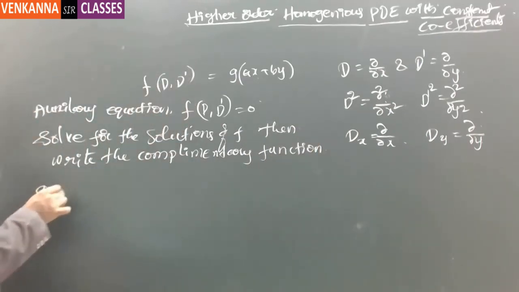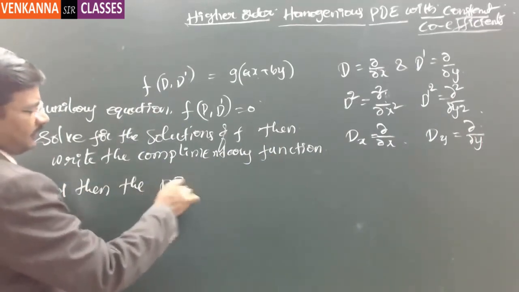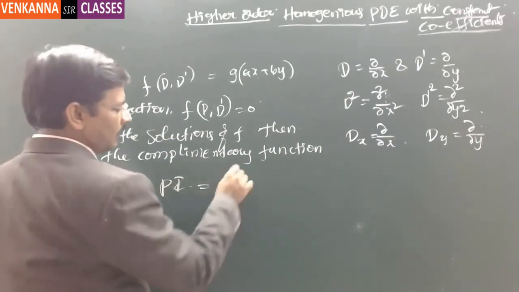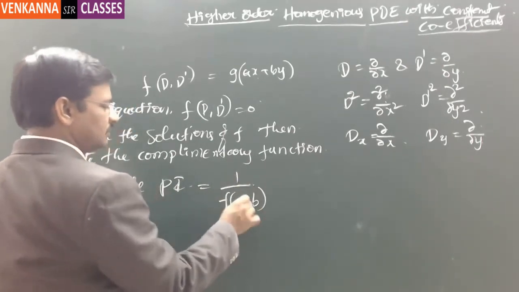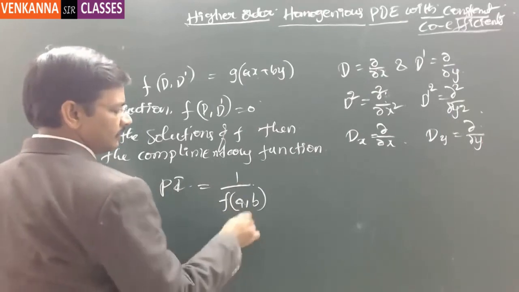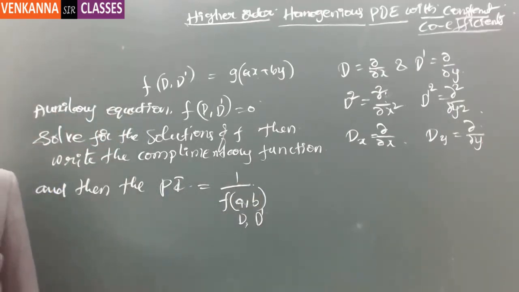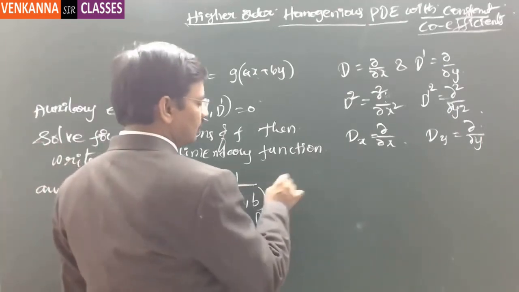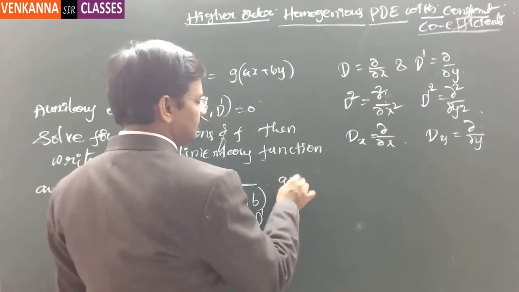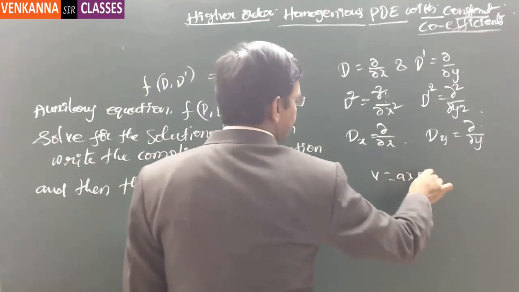And then the particular integral will be 1 by f of a comma b. So instead of D you substitute a, and instead of D dash you substitute the b value. So this is the standard method, and whatever function is given, this is g of v, where I call v equal to ax plus by.